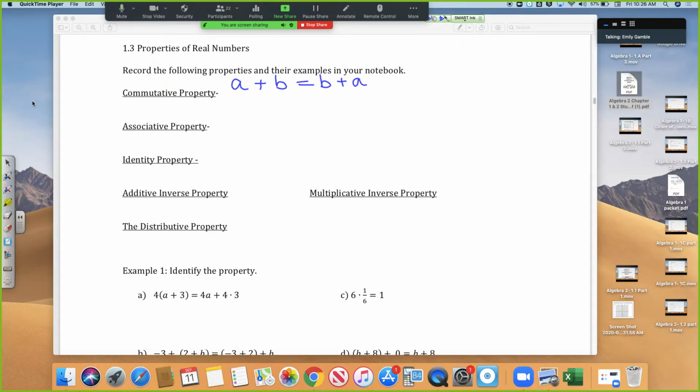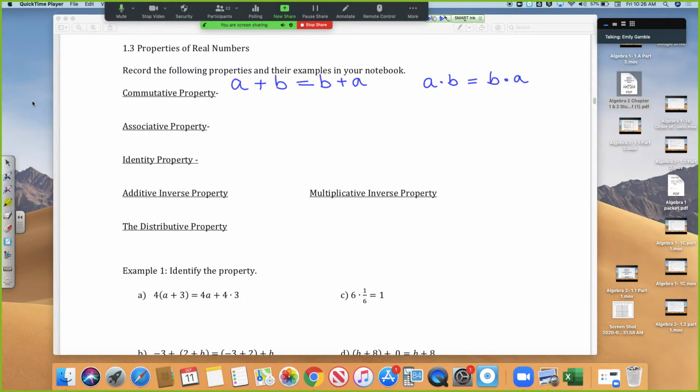The commutative property works for addition and multiplication. So here's an example of addition. Multiplication is the same exact concept. A times B is the same thing as switching the order: B times A. Okay, so that's with variables.